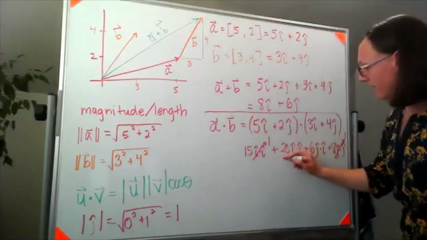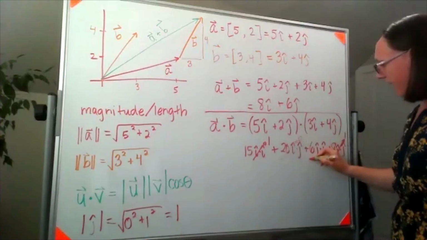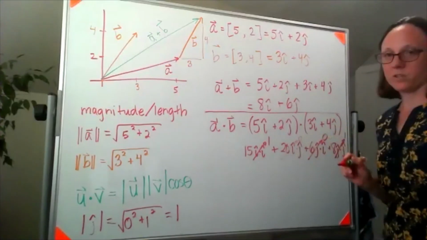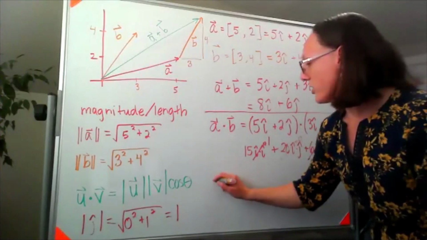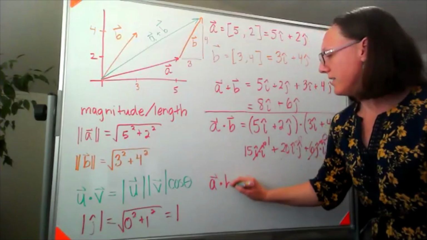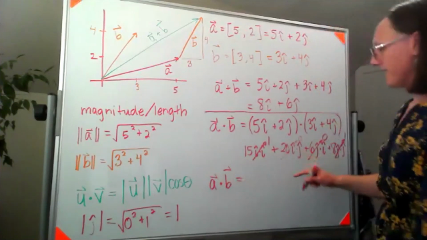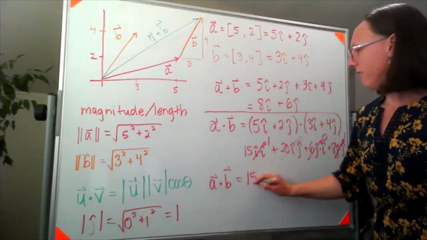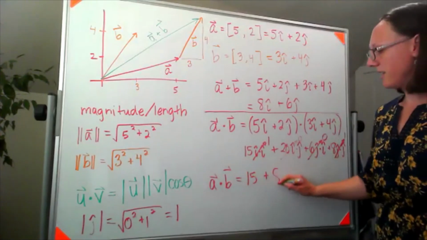So that means this term goes to 0 and this term goes to 0, which leaves us with A dotted with B is equal to 15 plus 8.